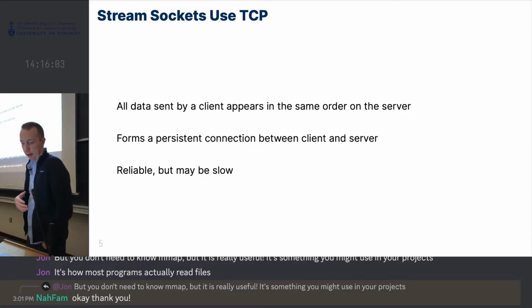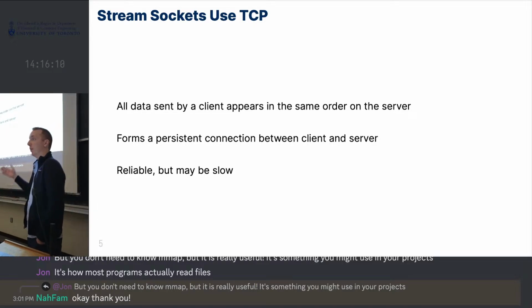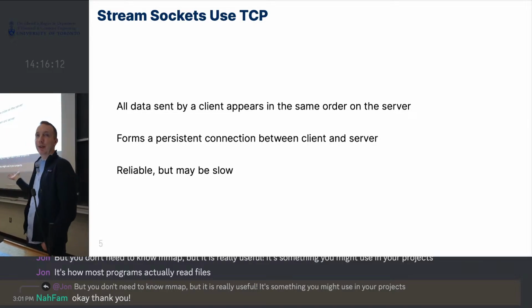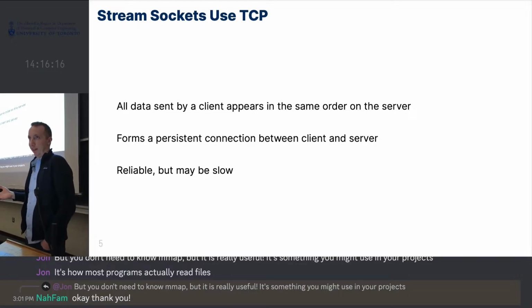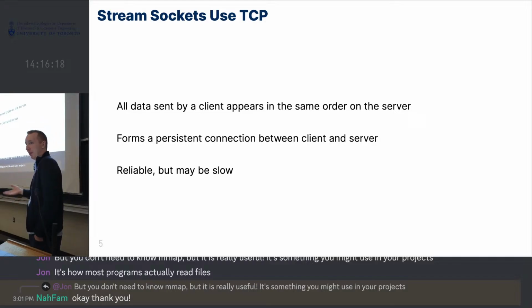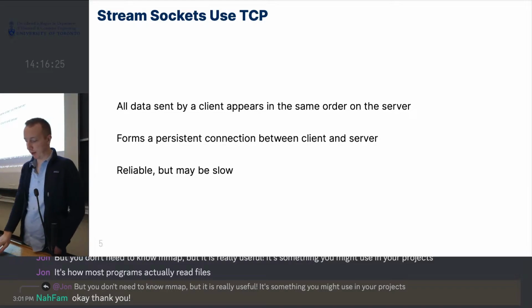So this is reliable, but may be slow, and especially when you get into the networking course, you'll realize that things appearing in order given a network isn't always the case. Networks can do weird things. So the TCP protocol makes sure everything's ordered. There's going to be some overhead associated with that.